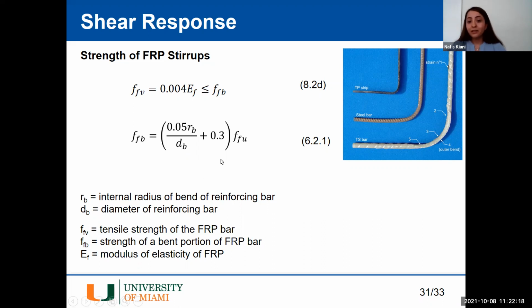And also in the bent portion of the FRP bars for these stirrups, the ACI 440 committee suggested an equation for the bent shear strength of the FRP stirrups, which depends on the internal radius of the bent portion and bar diameter.